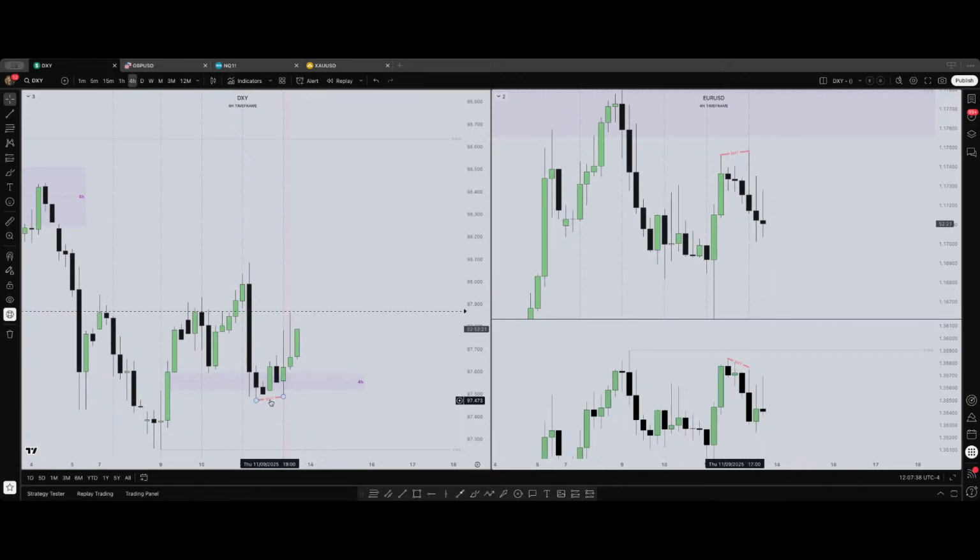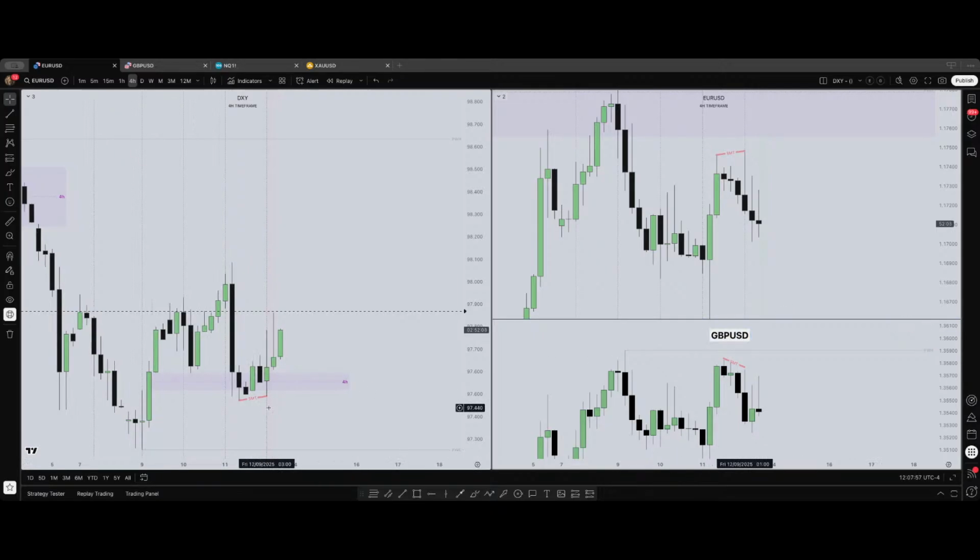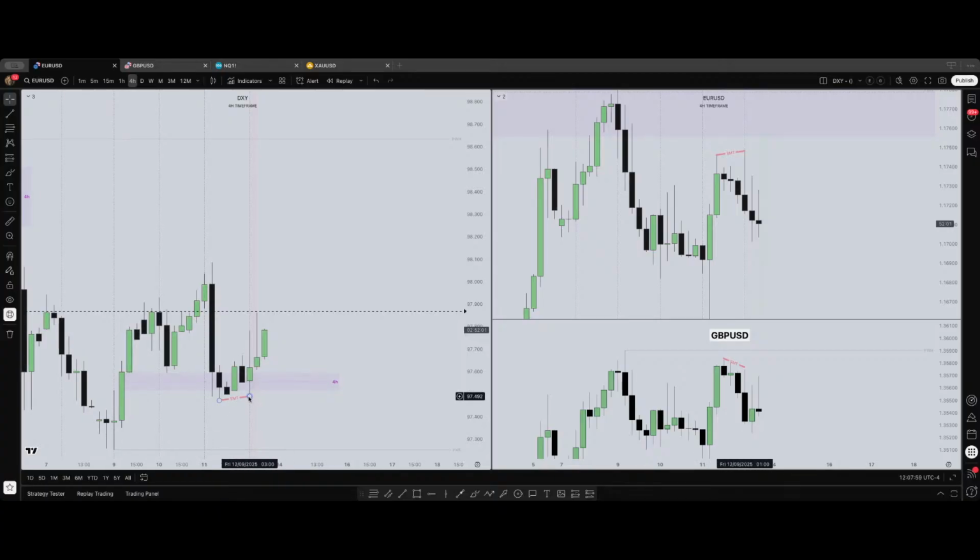If we are watching the dollar doing a higher low, we expect Euro USD and GBP USD, this is GBP USD, sorry. If we observe a higher low, we need to wait for GBP USD to make a lower high, which in fact it did.